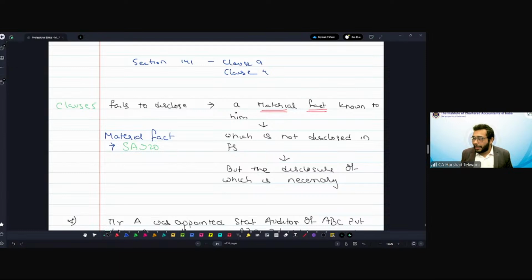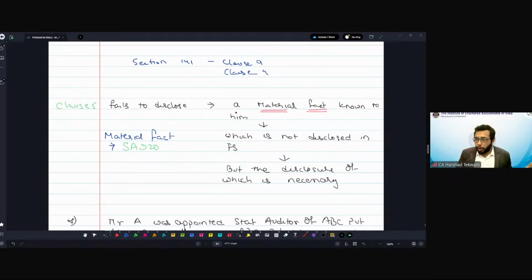Are you getting my point? So if he's not there in a professional capacity, then there is no requirement of a disclosure. Like as a chartered accountant, I am not associated with ABC Private Limited in any way. That company is not my client.